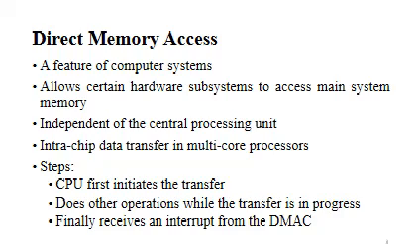DMA sends a read control signal to the peripheral device and puts the destination address and read signal on the address and control buses for memory. As each byte is transferred, the destination address is incremented by 1. The DMA transfer is initiated by input-output devices and the DMA controller takes over the processor's access cycles and performs memory operations.